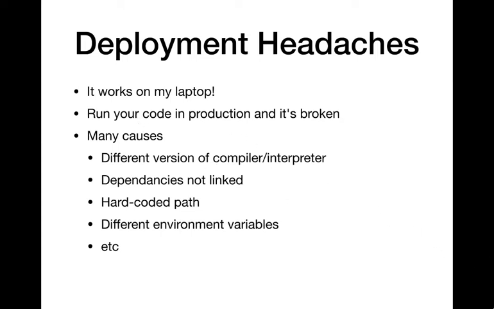So everything works on your laptop. You test it, everything's fine. Deploy to production, and let's say the app just doesn't even run. There's a lot of things that can cause this. We can have different versions of all the dependencies, all the extra software we need. We can have hard-coded paths. This is something we saw a bit on homework 3. We're lenient with that in the grading, but that's something that would completely break your app.